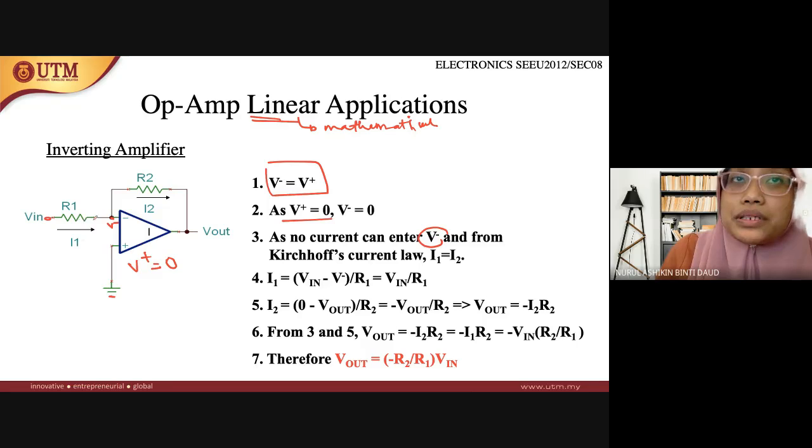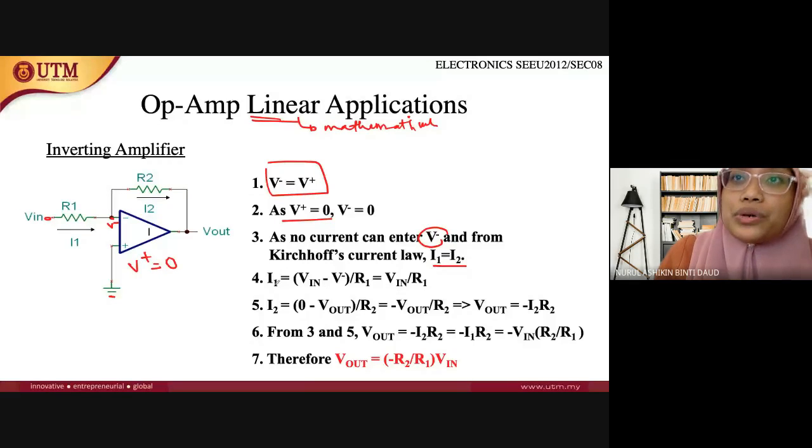Instead of entering the op amp, all the current will flow here. Normally, we would think it is a parallel circuit, but since no current enters here, the current that flows at this part is the same as the current that flows from this part. So I1 is equal to I2.